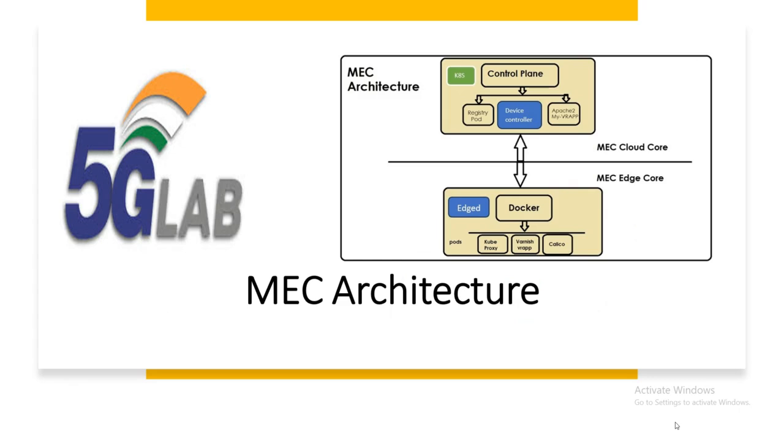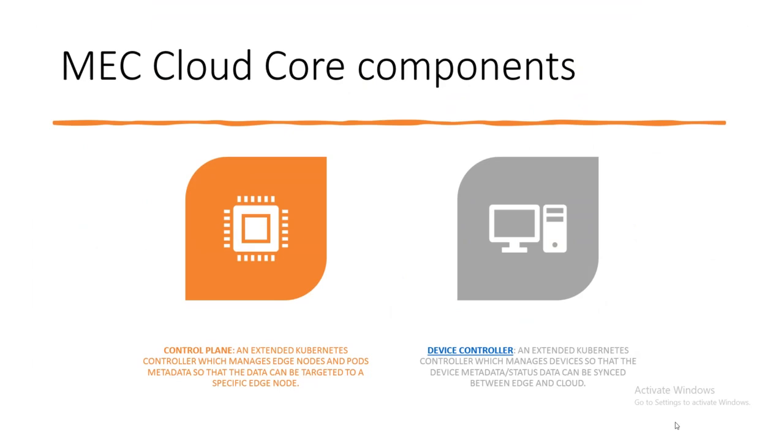Let's talk about each component one by one. The first component is control plane. It is an extended Kubernetes controller which manages edge nodes and ports metadata so that data can be targeted to a specific edge node.